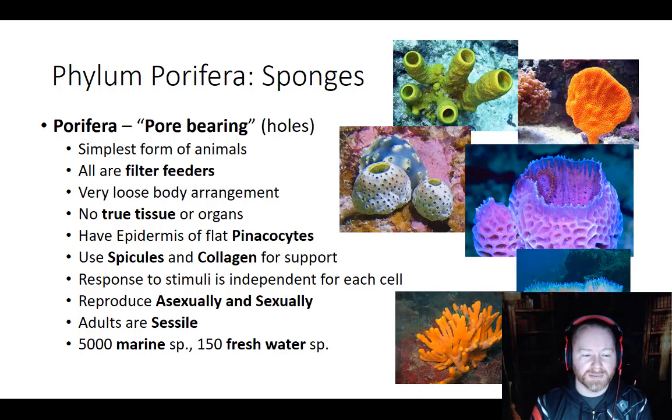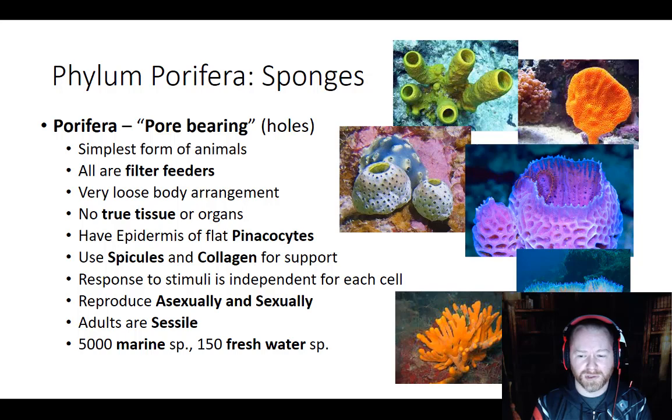So what are some of the types of cells that they have? They do have an epidermis, a coating on the outside made of pinacocytes, which are just thin, flat cells that cover the outside, forming a quote-unquote skin. It's just a covering on the outside that helps protect their insides from the external environment. They do have spicules, and in some cases they use a form of collagen for support.